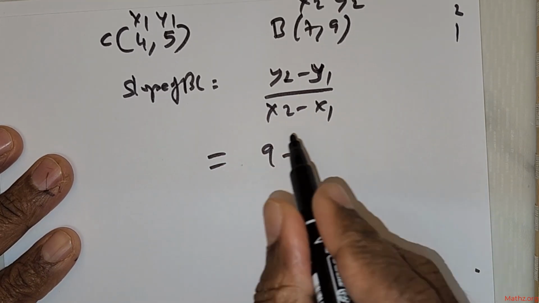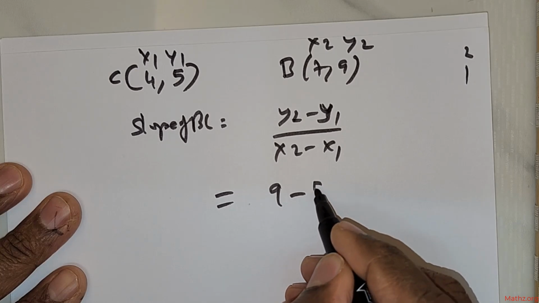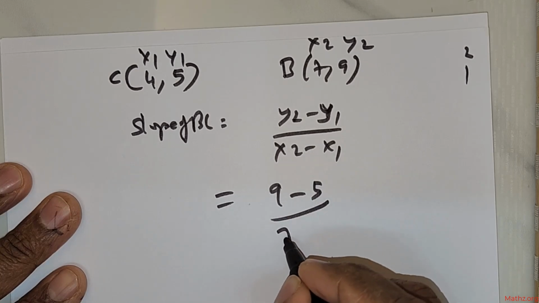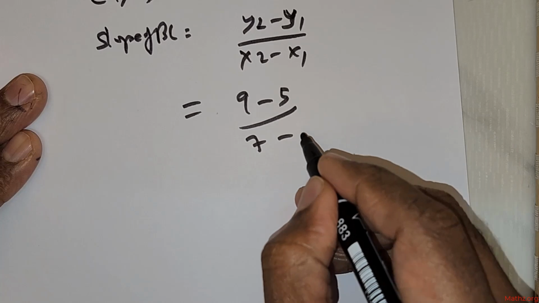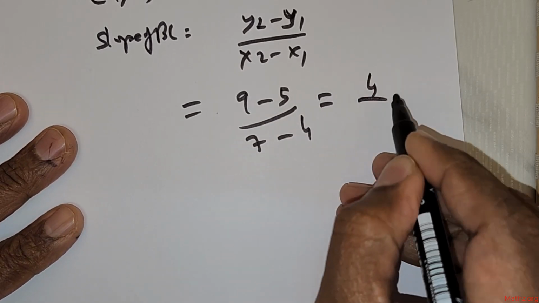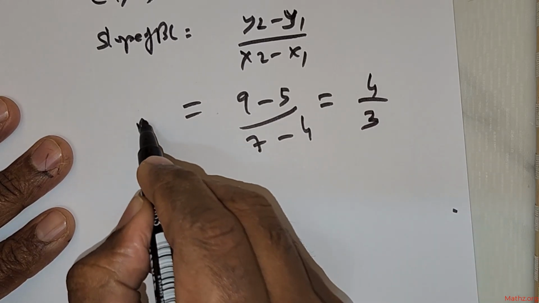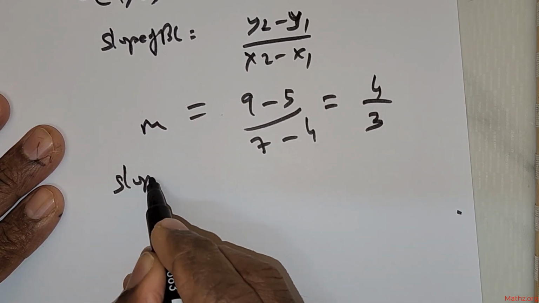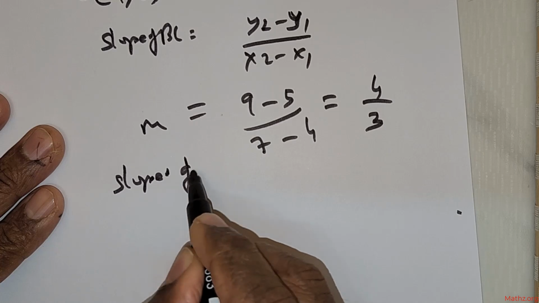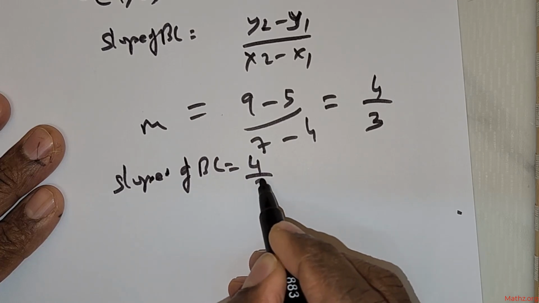So that's going to be (9 − 5) divided by (7 − 4). So this is 4, and this is going to give me 3. So this is my slope of BC, that's 4 over 3.